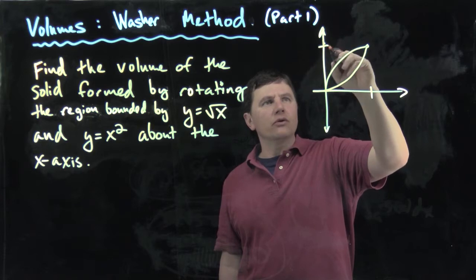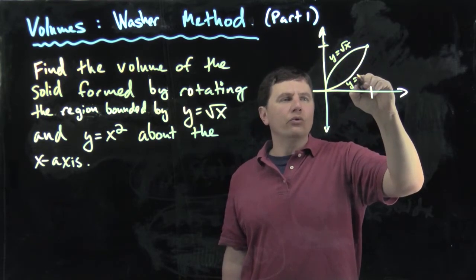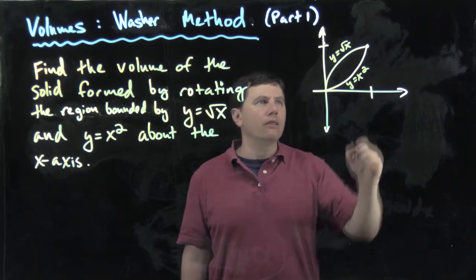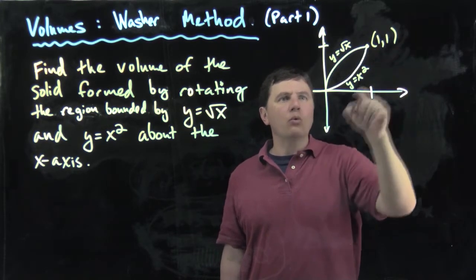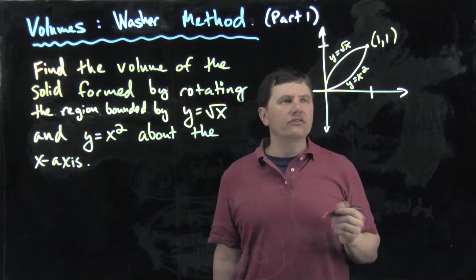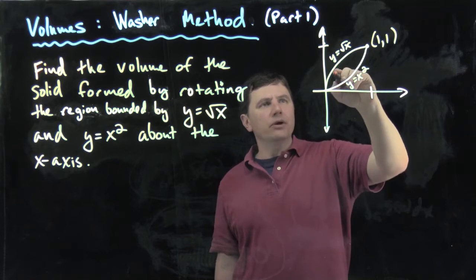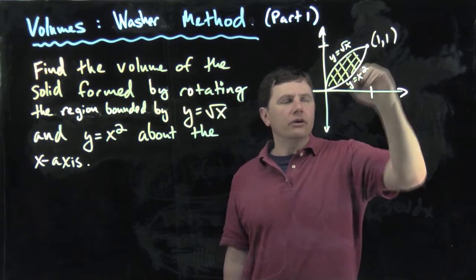So let's label those so we don't forget. So y equals square root of x, and then y equals x squared, okay? And those are going to intersect at the coordinates (1, 1) and (0, 0). Okay, so this is a pretty basic shape here. So now this is the region that we're going to be dealing with here.